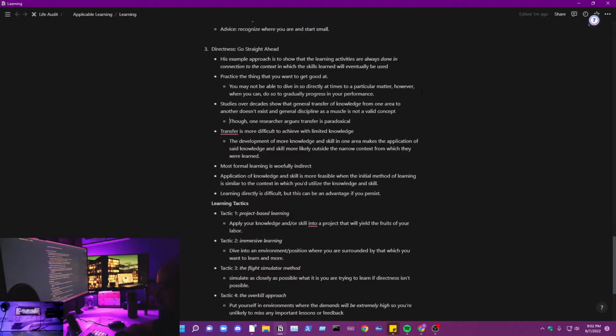That being said, if you have great knowledge of that particular area, then you know the more fundamental aspects of that area, making it even easier to apply outside of that context.